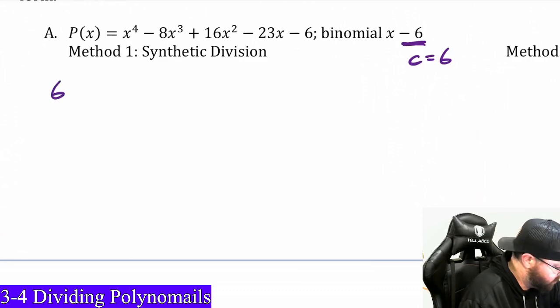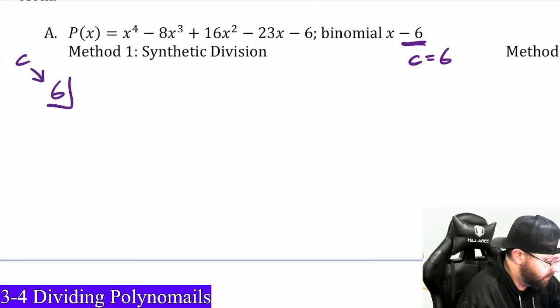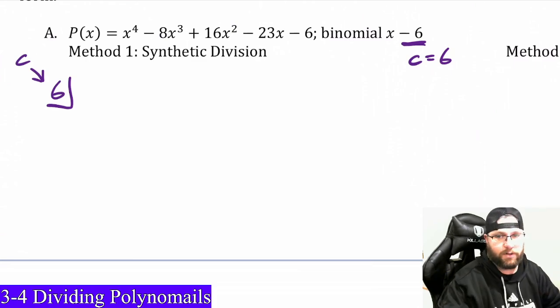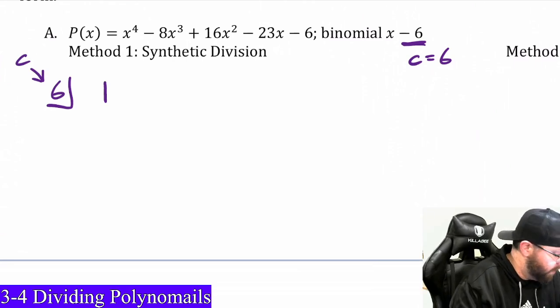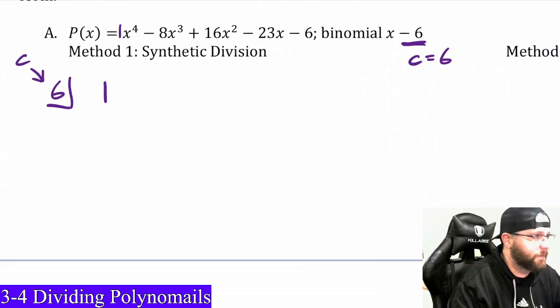So this is going to be our value of c here again. Okay, and when we look up here, this is in descending order, right? We have an x to the fourth, an x to the third, x squared, x, and a minus 6. So we have all of our terms here in descending order. So we can put a 1 here, right? Because remember, that's an invisible 1 in front of x to the power of 4.